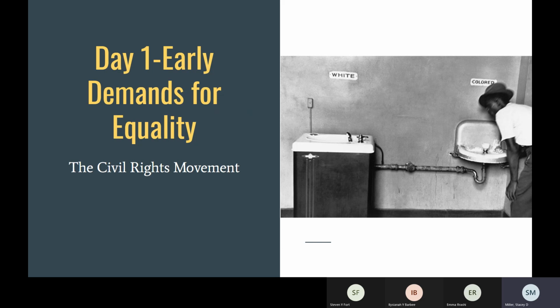You can see a water fountain here and you'll see a lot of separations today between white-only areas or black-only areas, white-only water fountains, black-only water fountains. And you can see the difference very clearly here, the difference between the quality of things that are being offered to each group. You can see the difference in a couple other images that we'll see today as well.